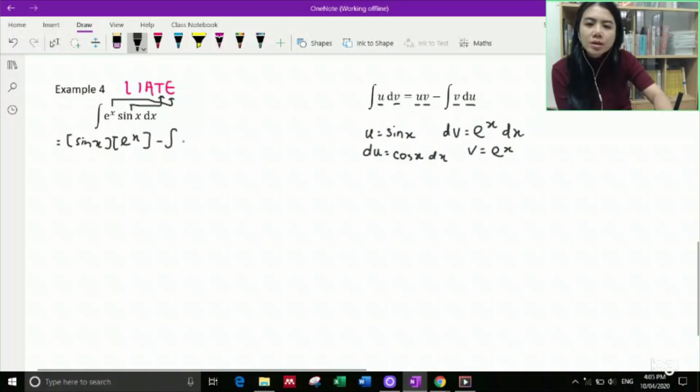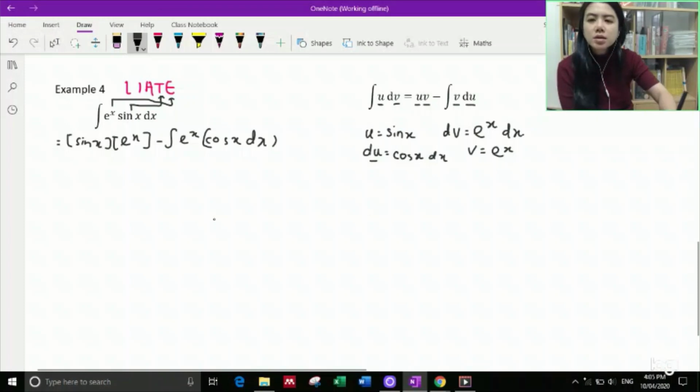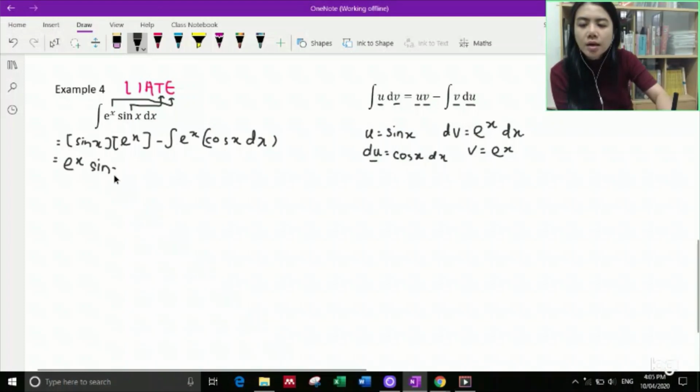Your v is e to the x, and your du is cos x dx. Okay, let's simplify. So we have e to the x sine x, and for the right hand side we have minus the integral of e to the x cos x dx.